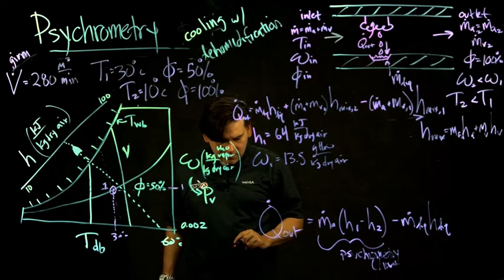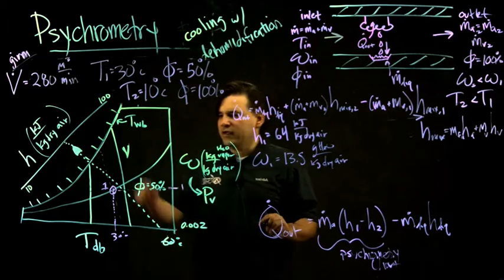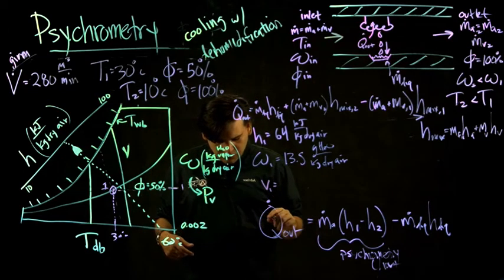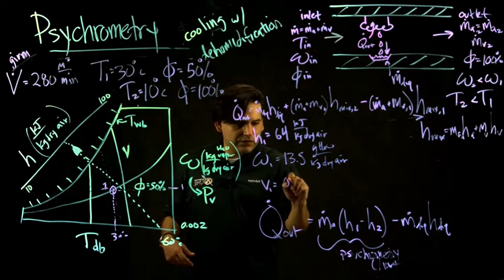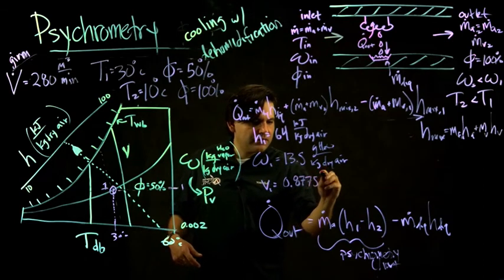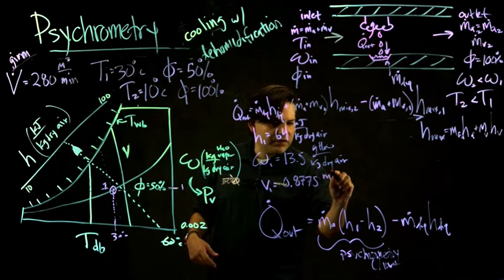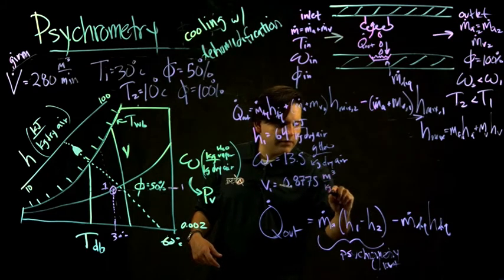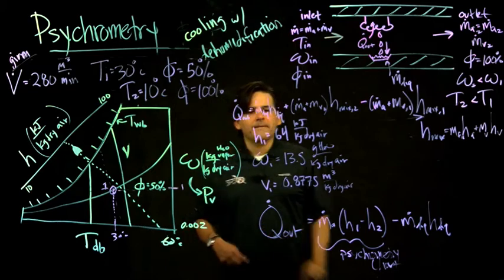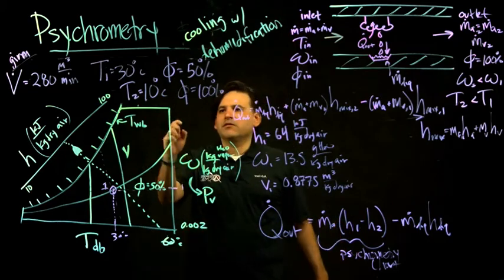And V1, little v, we'll show you why that's useful in this case, is 0.8775 meters cubed per kilogram of dry air. So those are the useful things for state 1.